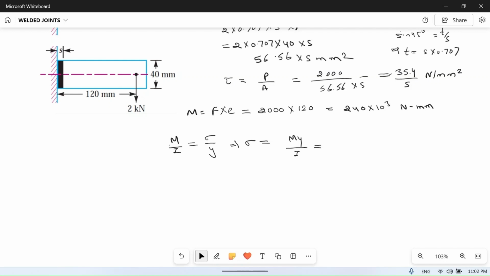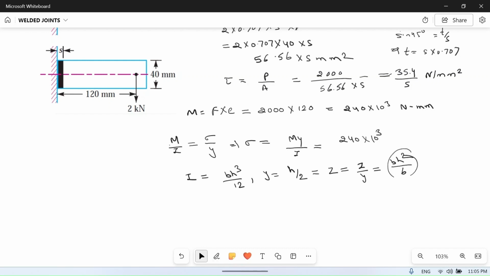Here M we have calculated, 240 into 10 to the power 3. Now I is equal to BH cube by 12. Similarly Y is H by 2. So Z, the section modulus, is equal to I upon Y, which is equal to BH square by 6.